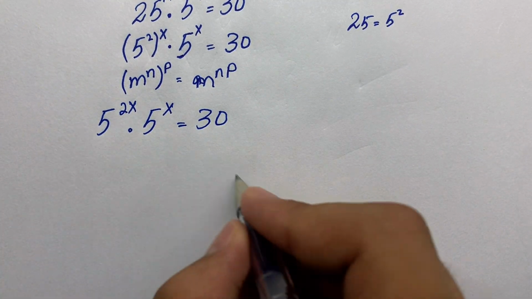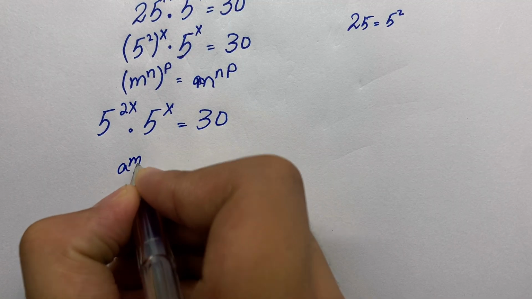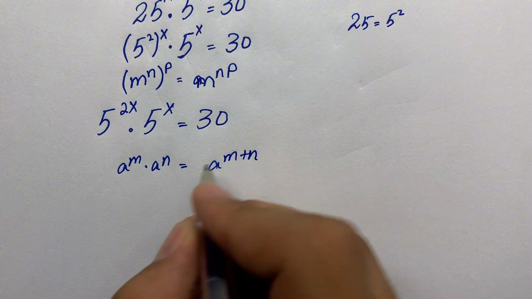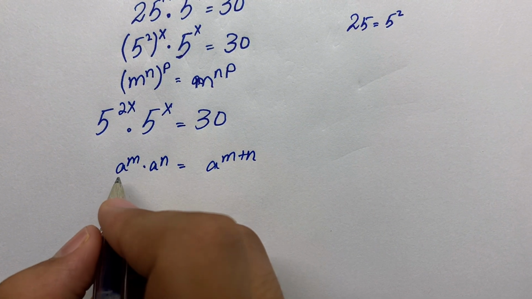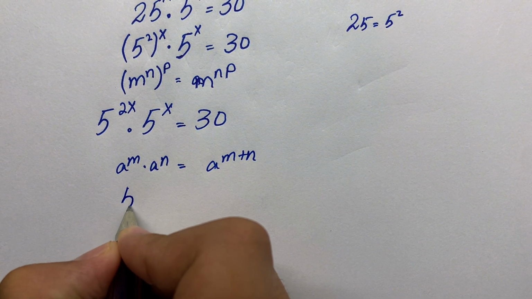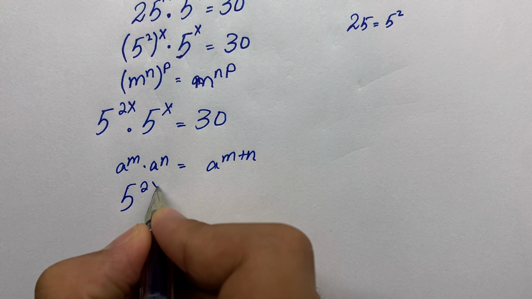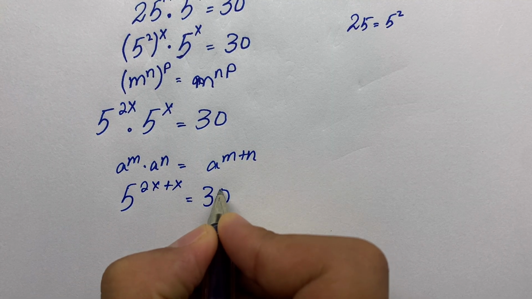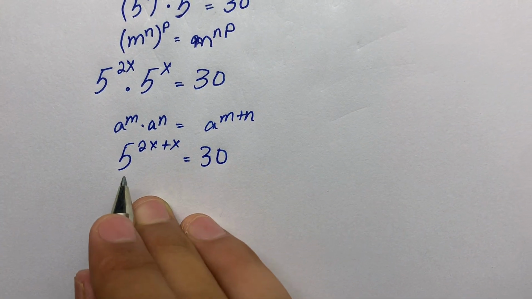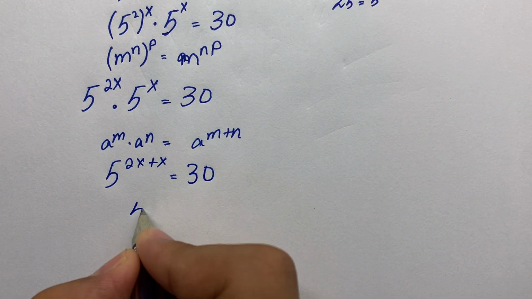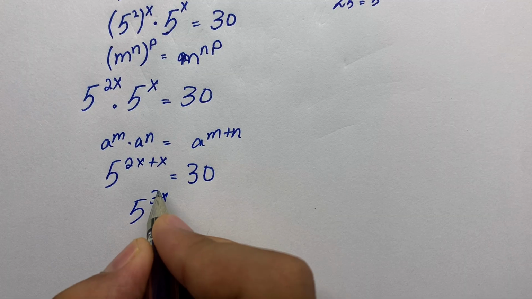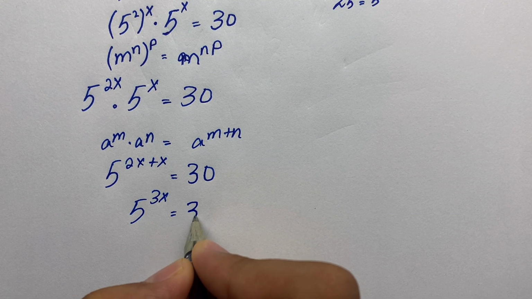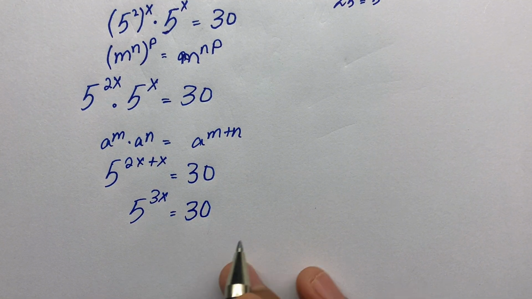After using the formula n to the power m times n to the power n is equal to n to the power m plus n, we get 5 to the power 2x plus x. Now this will be 5 to the power 3x is equal to 30.